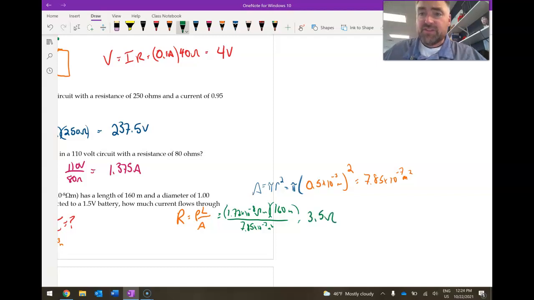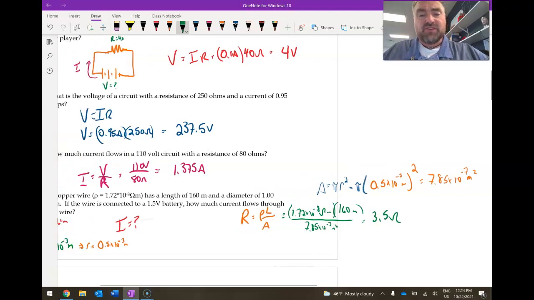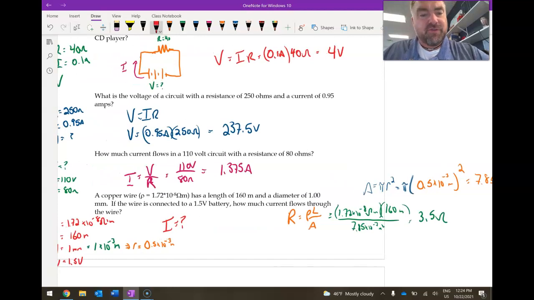Okay, so that's a ton of work already, and yet we're not even done, because our goal wasn't to find resistance, our goal is to find the current. So I slide back over here. It tells me that I equals V over R. I can get rid of that question mark now because you don't need it. My voltage was 1.5 volts.